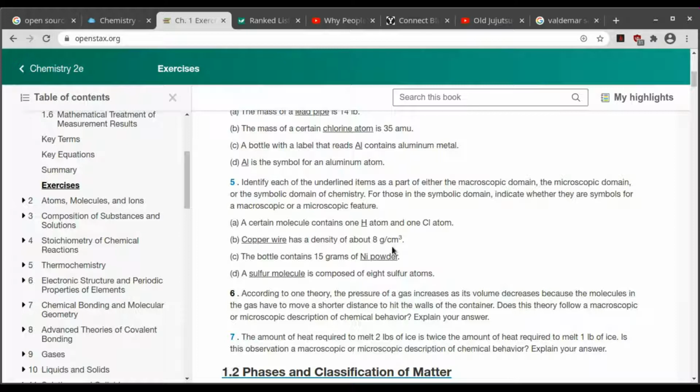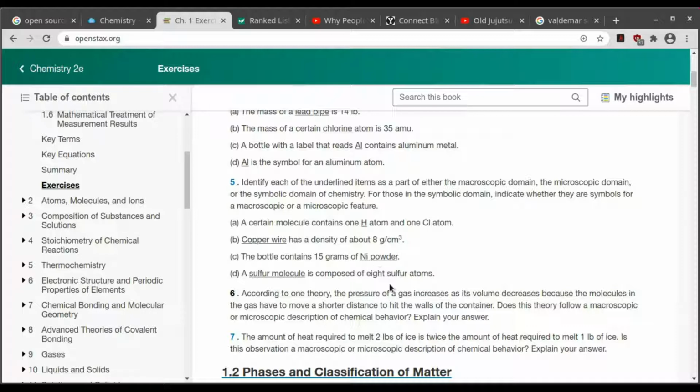A sulfur molecule is composed of 8 sulfur atoms. And this would be microscopic, right? They didn't use any of the symbols. They spell everything out. And on top of it, you could draw a picture of that. And so I believe that this would be symbolic, macro, micro.